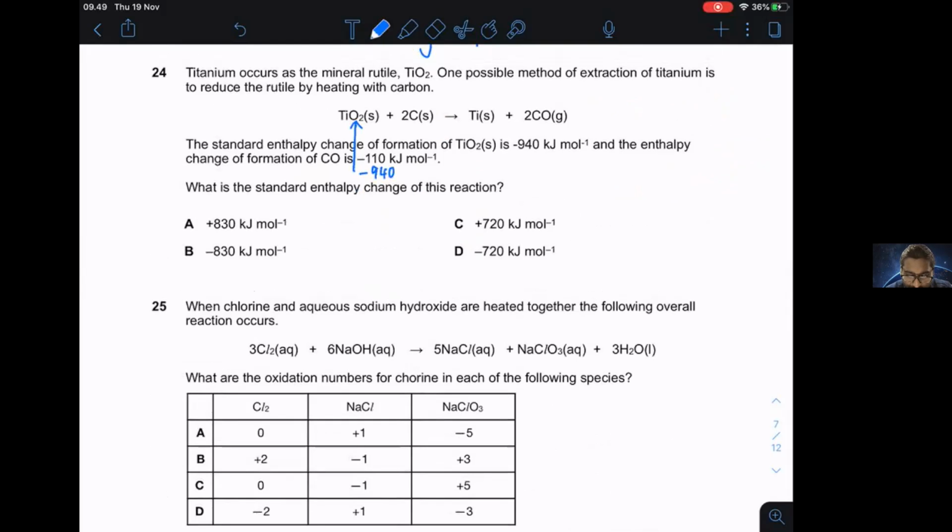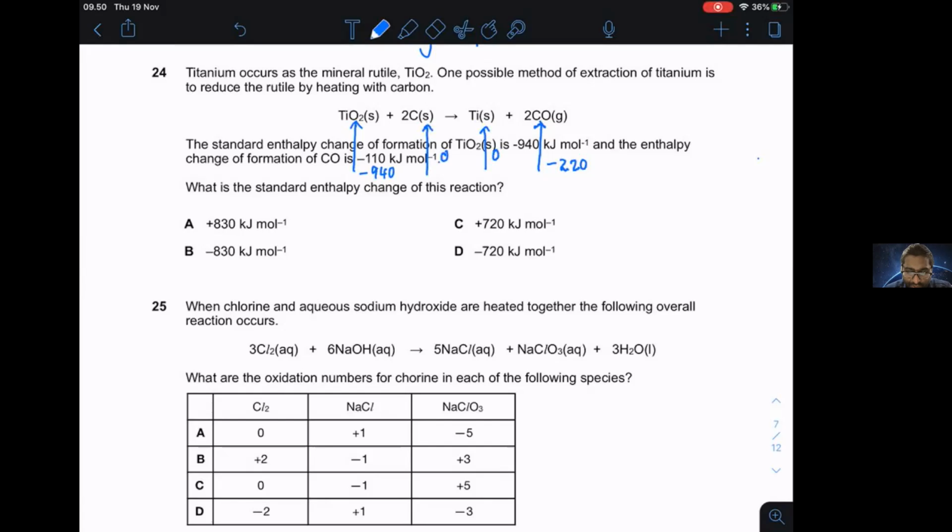Enthalpy change of formation of this, because there are 2 moles, so 2 times negative 110, so negative 220. And then titanium and carbon, they didn't give you any value over there, but do remember elements do not need any enthalpy of formation, it is 0, 0.